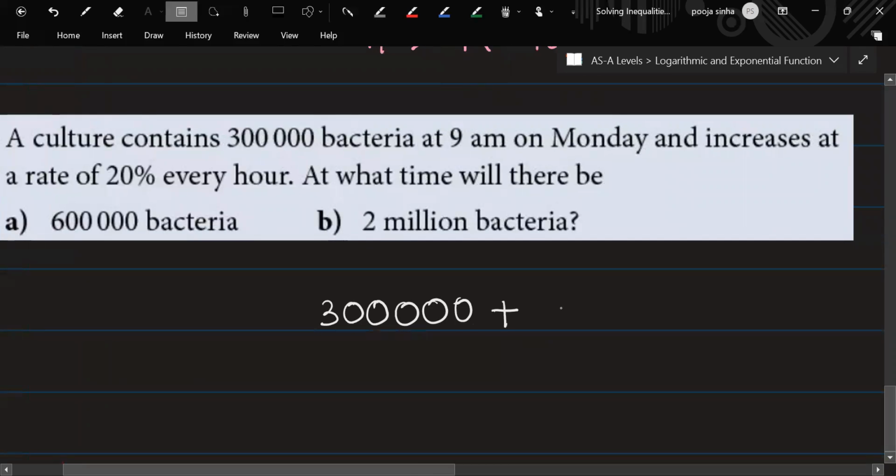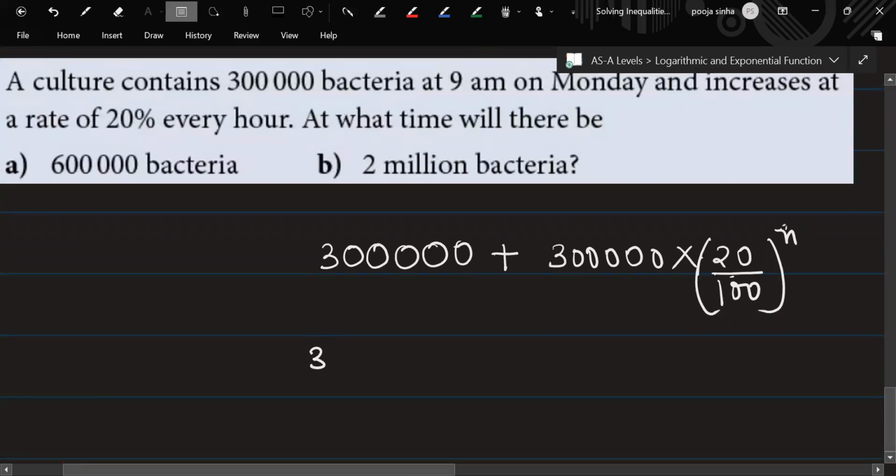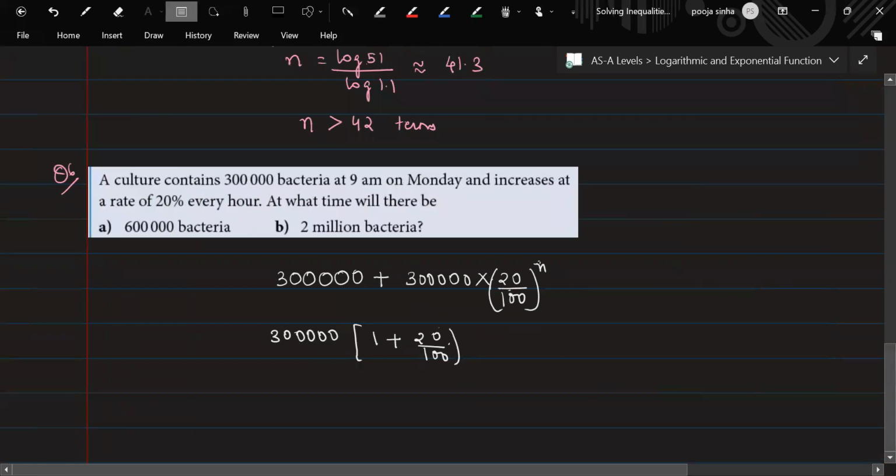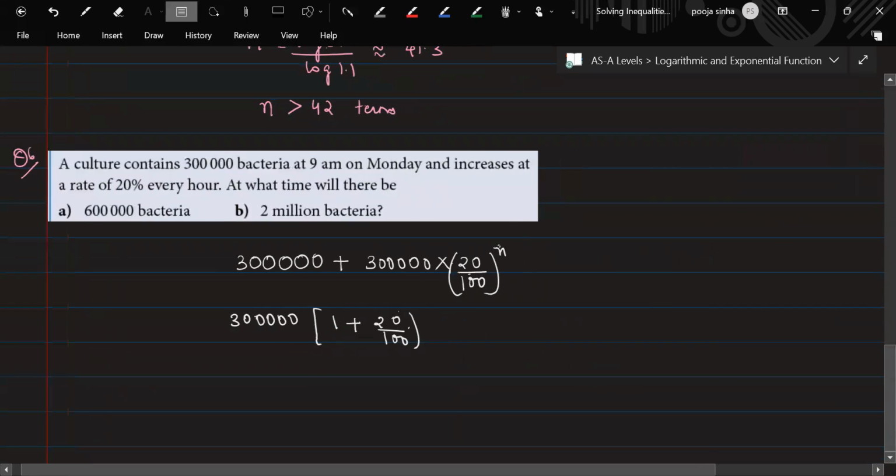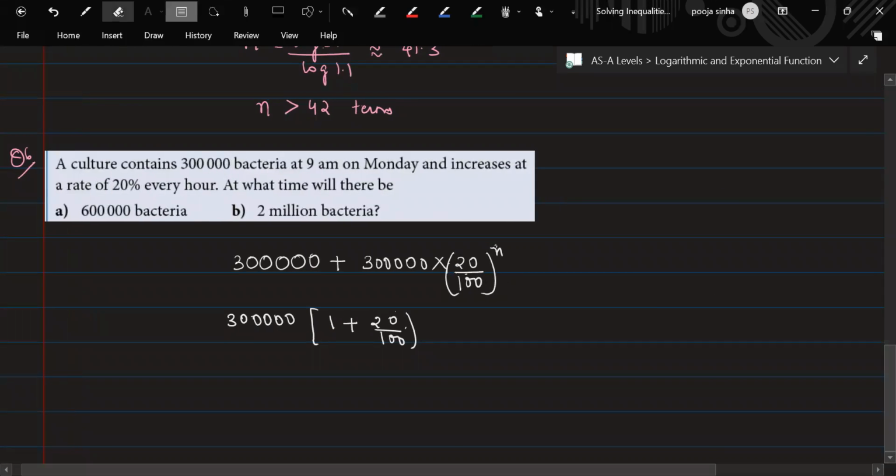And then 300,000 plus there is an increase of 300,000 into a 20% increase raised to n. Right, so can I just take this 300,000 as common and make it 1 plus 20 upon 100 raised to n? You're getting my point?